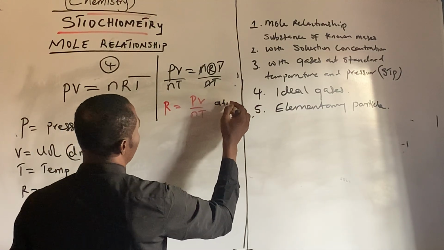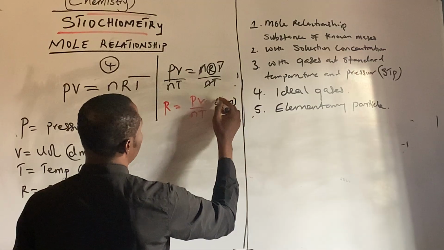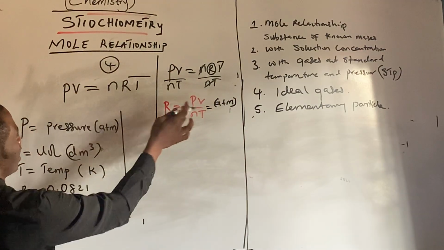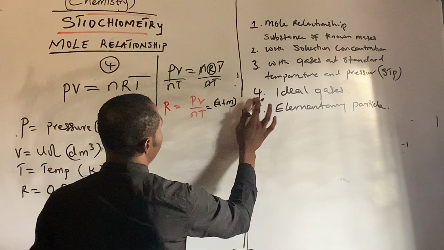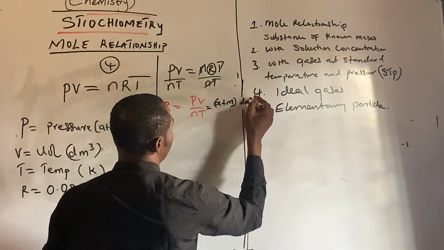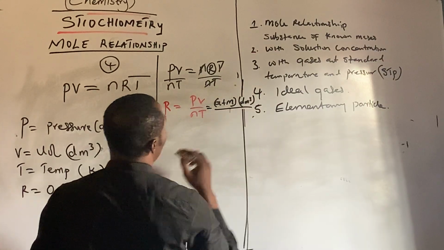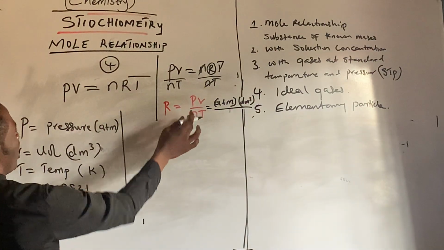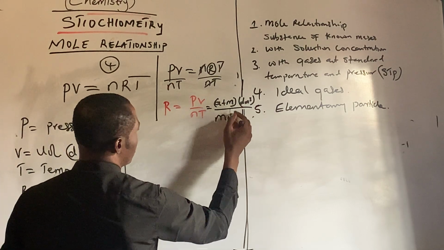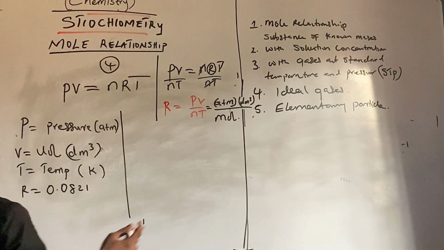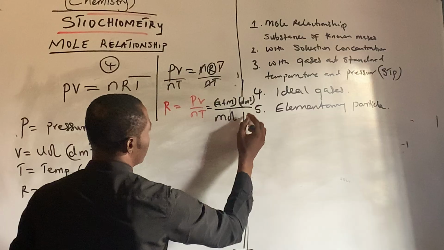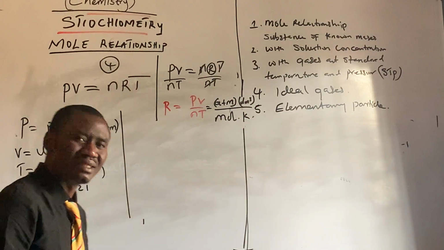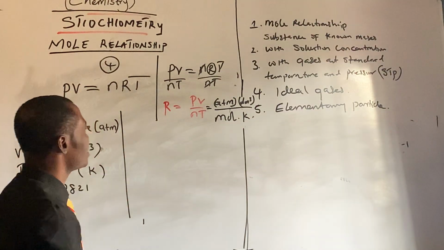What's the unit for volume? dm³. What's the unit for number of moles? Mole. What's the unit for temperature? Kelvin.